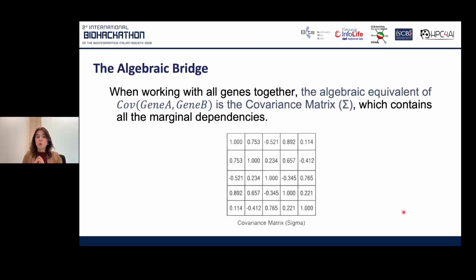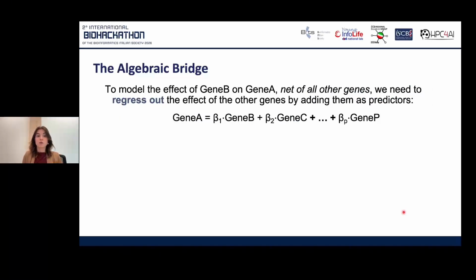Now when we work with all genes together, we go to algebra, and the algebraic equivalent of the covariance of gene A and gene B is the covariance matrix, which contains all the marginal dependencies. Now, to model the effect of gene A and gene B net of all the other genes, we need, as we said, to regress out the effect of all the other genes by adding them as predictors.